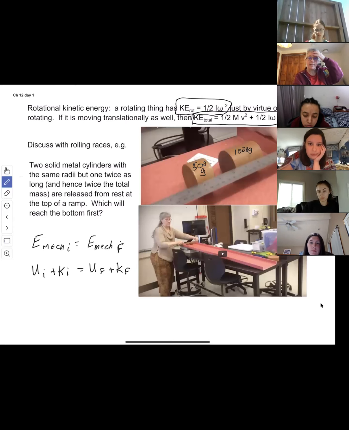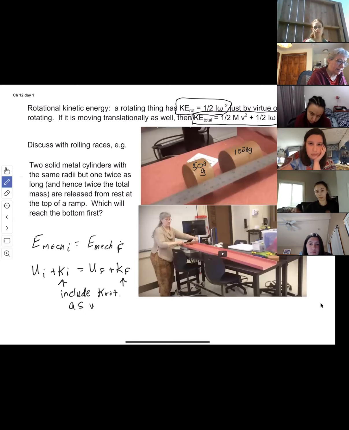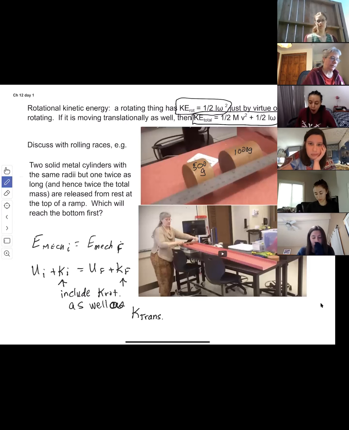If you take that sort of approach to a problem, just be sure on those kinetic energy terms that you include rotational kinetic energy, as well as what you might call regular kinetic energy, or translational kinetic energy.